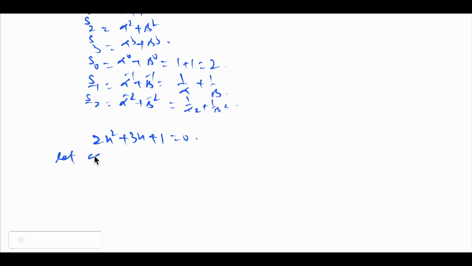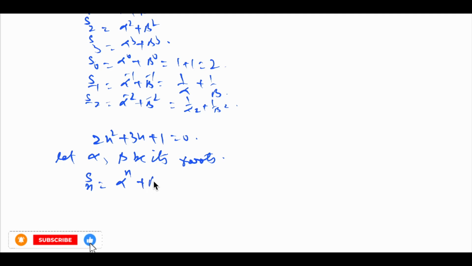Let alpha and beta be its roots. Now, when alpha and beta are its roots, I denote Sn by alpha power n plus beta power n. Now, this is 2x square plus 3x plus 1 is equal to 0.